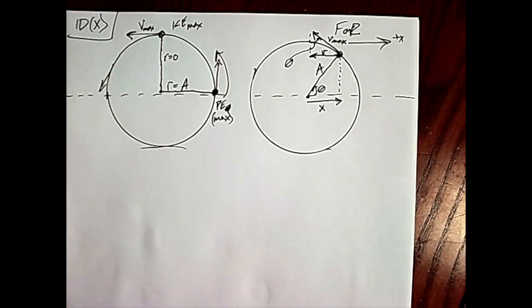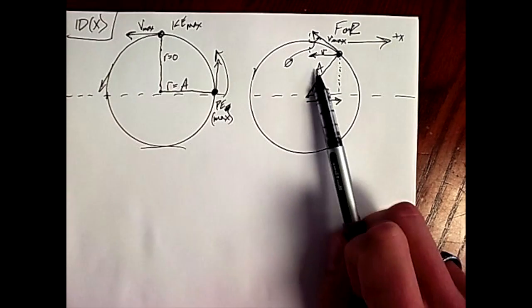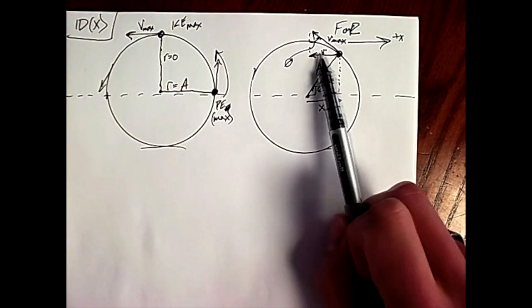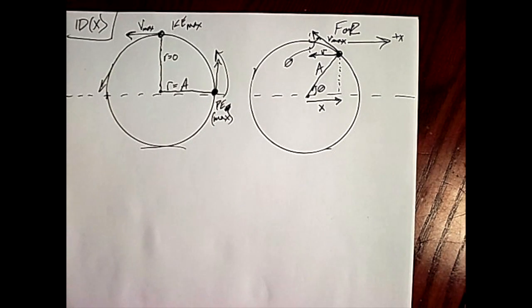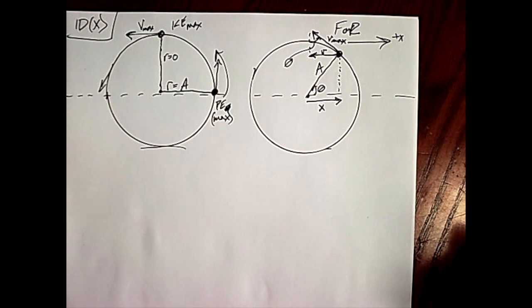So I have two triangles, one based on position and one based on speed, both of which are similar based on theta.